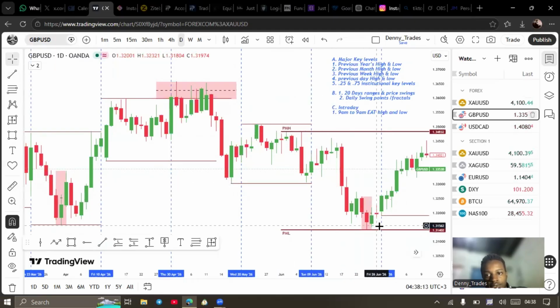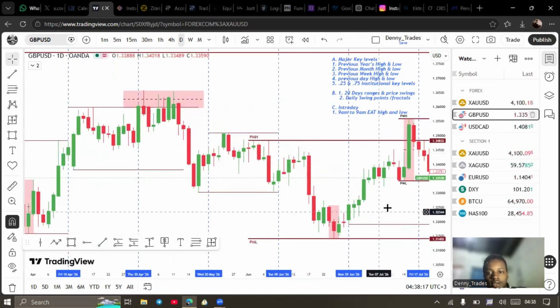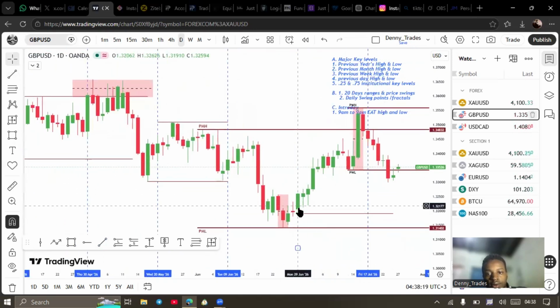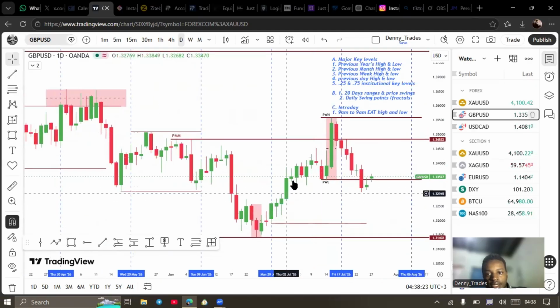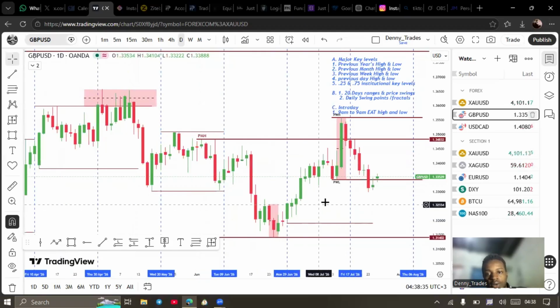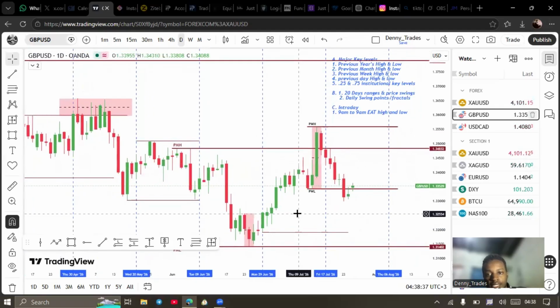We had this price swing, this 14 trading days price swing. Okay, when this opened, we have had this big kind of retracement to the previous monthly high. Price traded above the previous 20 days range high when it opened right here. Okay, so you can see how I find the buyers on the daily chart.